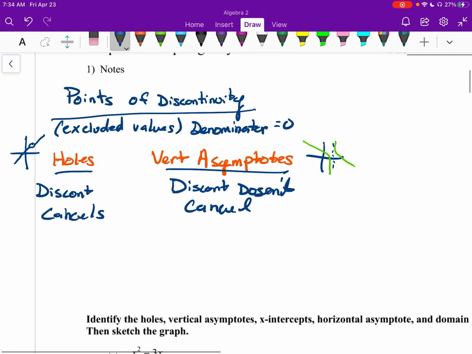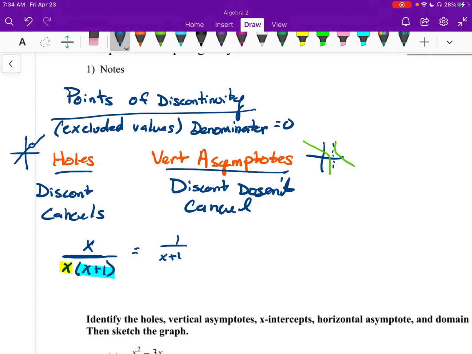So what does that mean? If we were given the equation, let's say x over x plus 1, right? It's already factored for us. We know that there are points of discontinuity at 0 and -1, right? We have 0 because of this x, and then we have -1 because of this guy. Now we can cancel, and we'll be left with 1 over x plus 1.